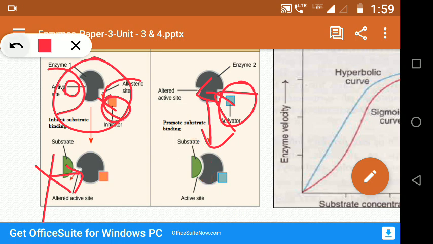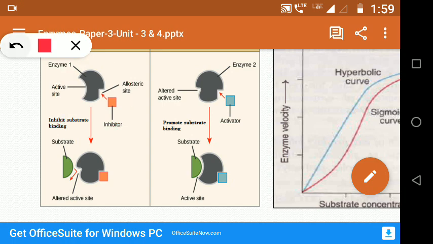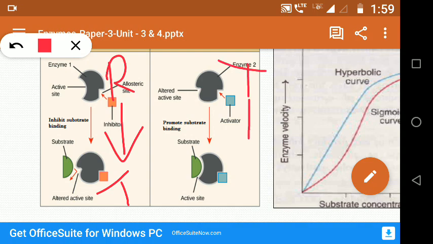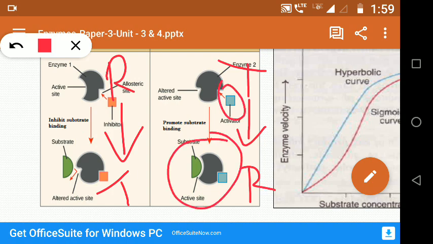So because of the presence of the inhibitor, this enzyme which is already in R form is transformed to T form, and now the T form is transformed to R form in the presence of activator. So the R form can bind the substrate, whereas the T form cannot bind.